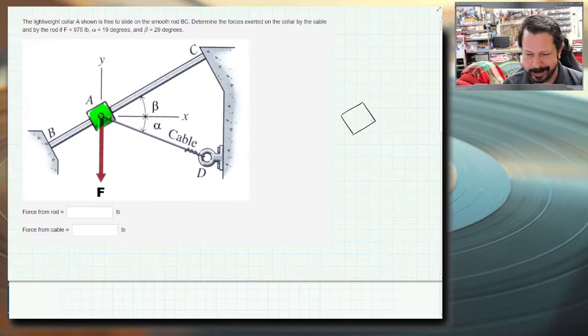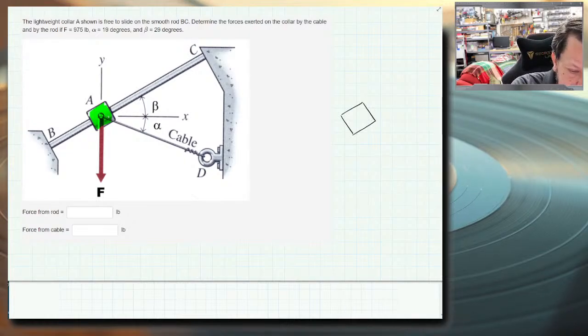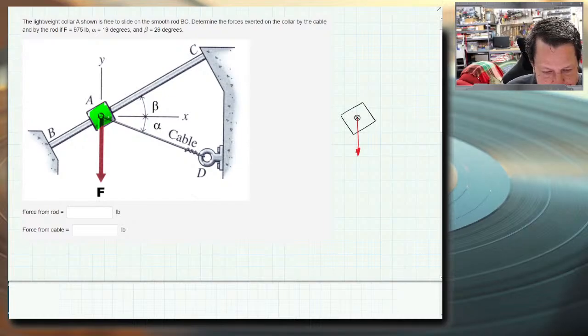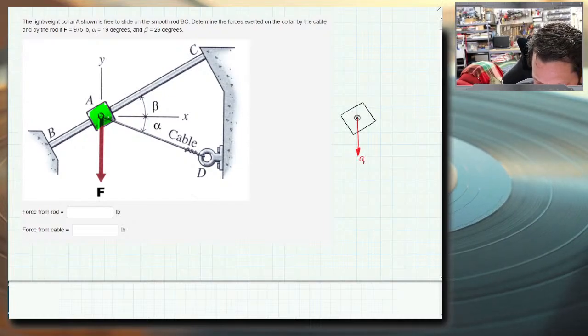I'll draw something that kind of looks like our collar. We obviously have force F. I'm also going to put the center of this thing, just so we have that. Force F for me is 975 pounds.